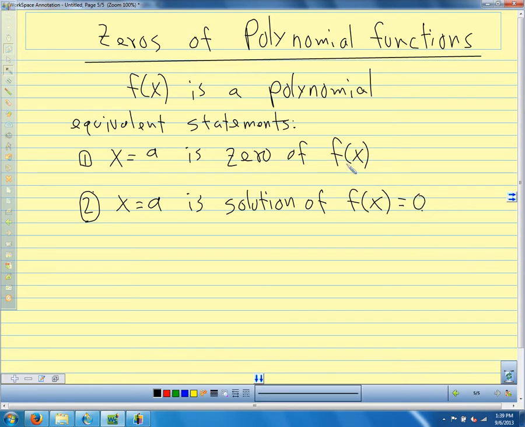We're saying this is a 0 of the function. It's the same as saying it's a solution of this equation f of x equals 0.